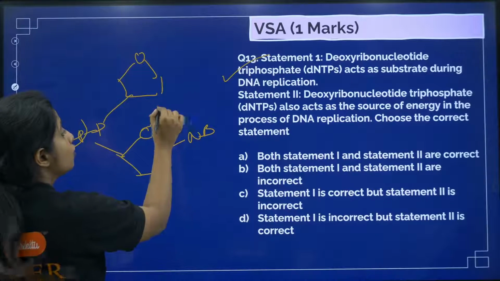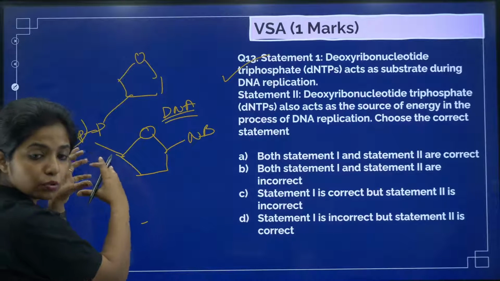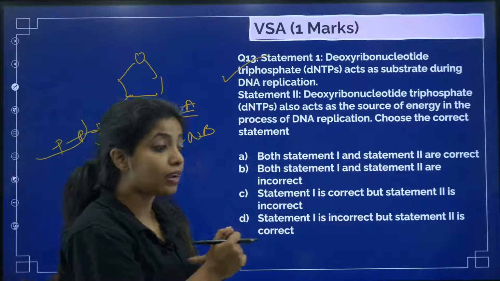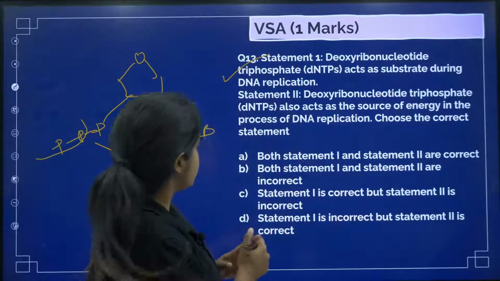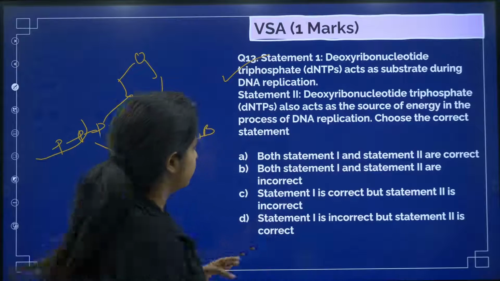It helps in the formation of DNA. So because this bond is broken, whatever energy is stored over here is being utilized for formation of another bond. You get it? So which is why I'll say both statement 1 and statement 2 are correct.